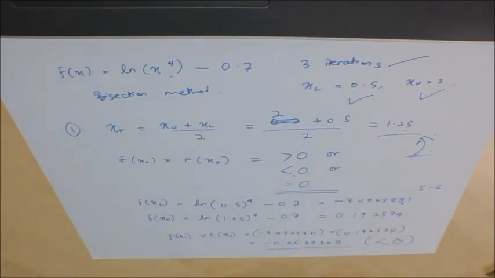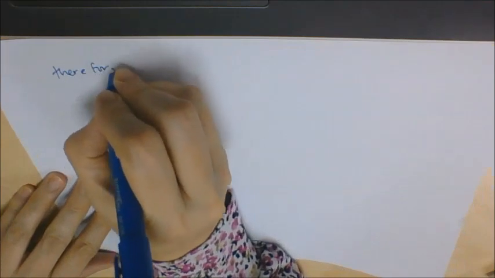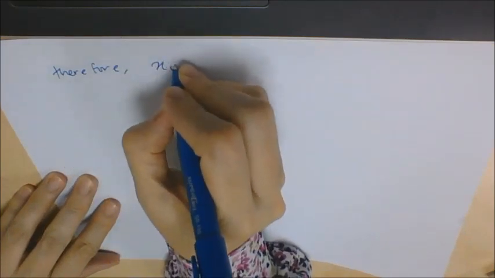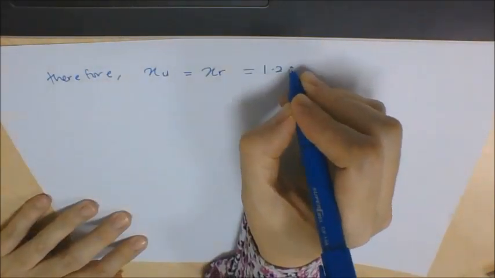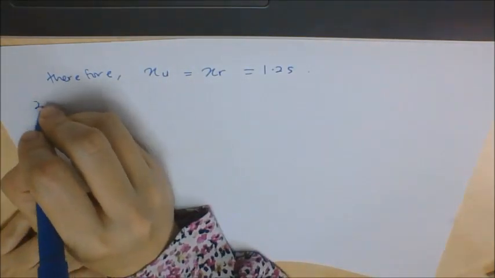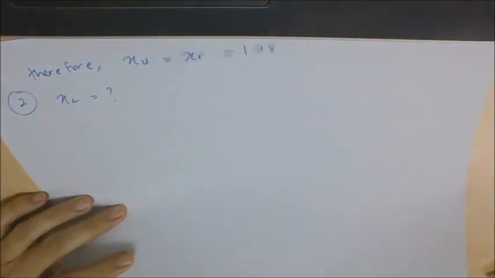So since it's less than 0, you have to move on with your second iteration. What you have to do is set your XU equal to your XR, which in this case is 1.25. Now for the second iteration, what is the value of your XL?